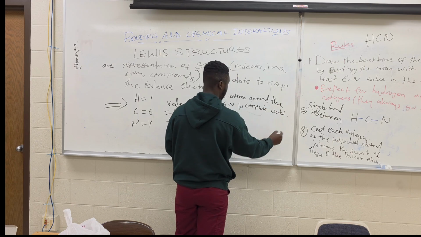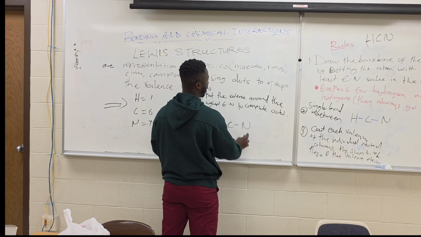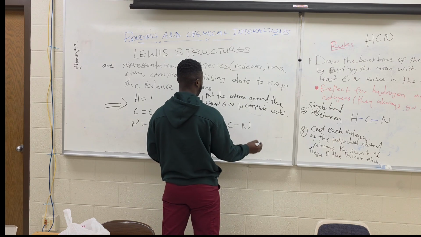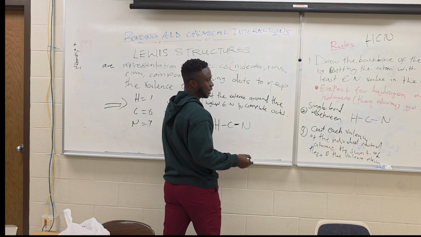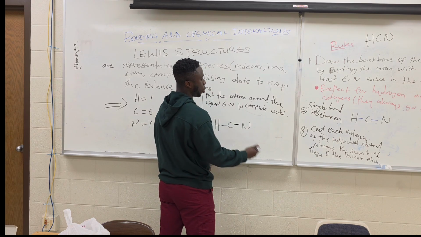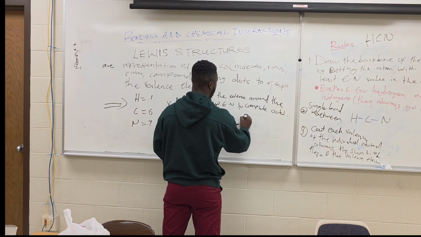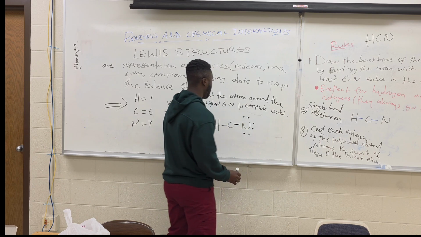What is the octet? The 8. So in this case, this H, C, N. Now the N is the one with the highest electronegativity. It already has 2 electrons here. We need to complete its octet. Octet is 8, and it has 2, so we need 6 more. So we go 1, 2, 3, 4, 5, 6.